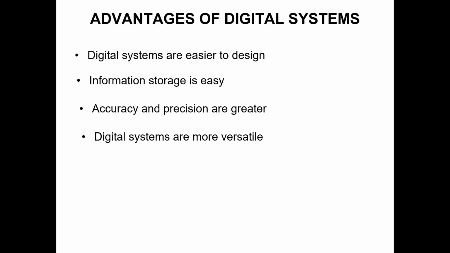Digital systems are more versatile. It is easy to design digital systems whose operation is controlled by a set of stored instructions called the program. Anytime the system operation is to be changed, it can easily be accomplished by modifying the program.